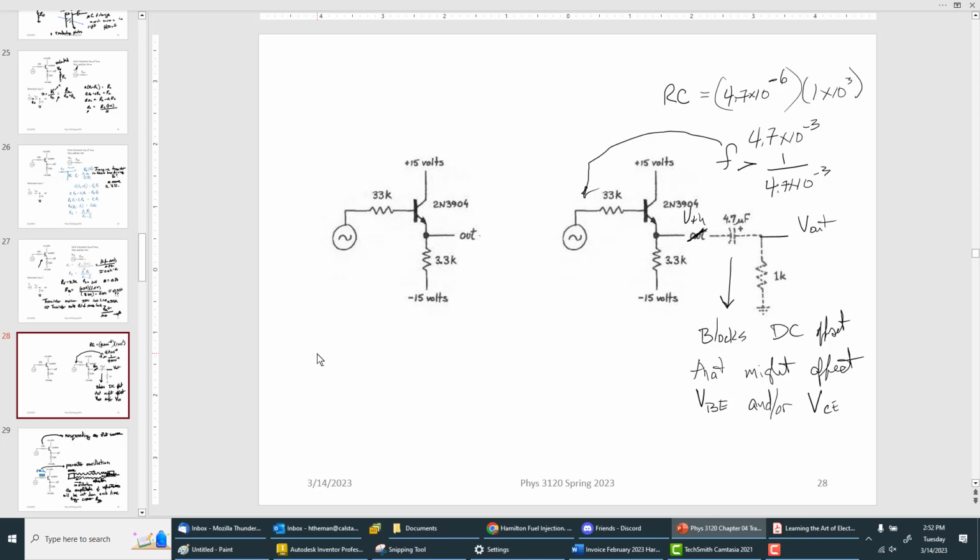But it blocks any current from bleeding off through the 1K resistor from the emitter voltage point down into ground, which would affect the voltage of the emitter and would affect the gain of this device. So that's the reason there's a capacitor.